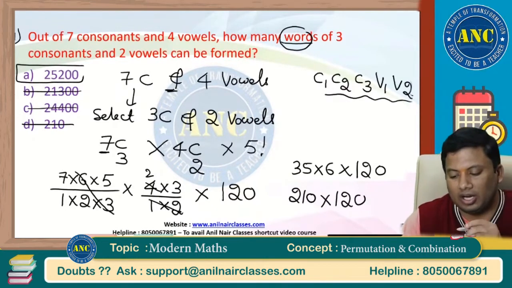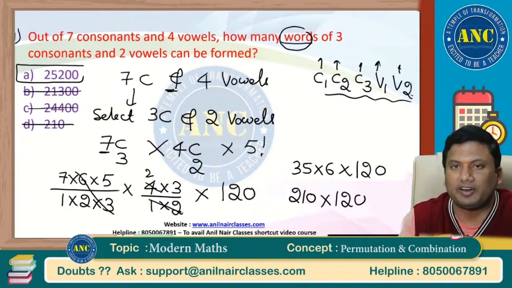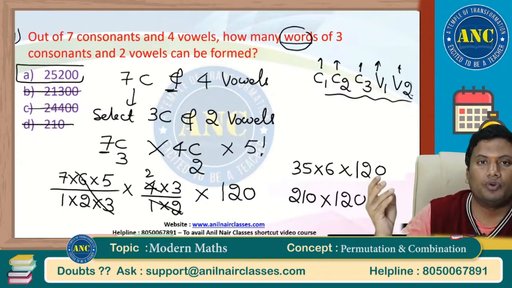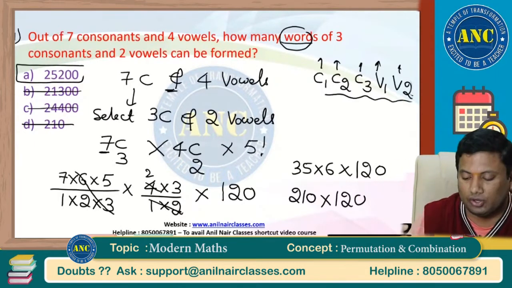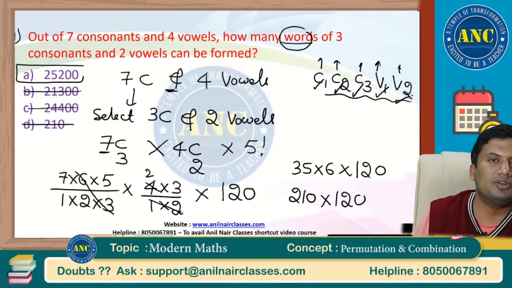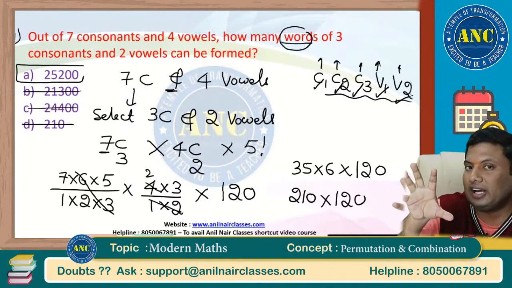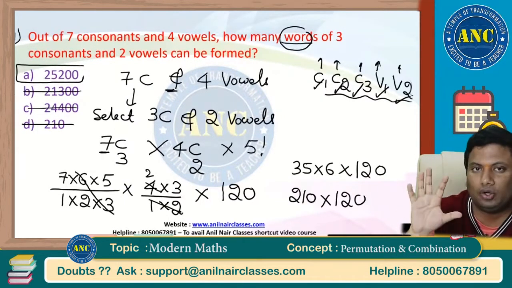All the consonant values are different. Vowel values are different: A, E, I, O, U. 5 vowels are there, remaining 21 consonants are there. All these consonants are different and all these vowels are different. So 5 different letters can be arranged in 5 factorial ways.